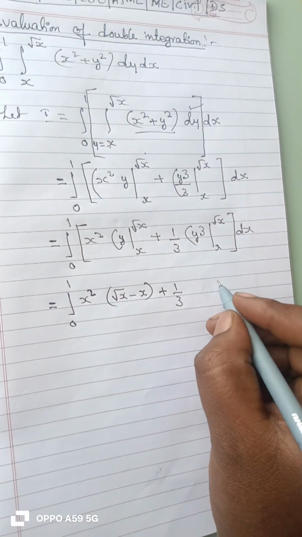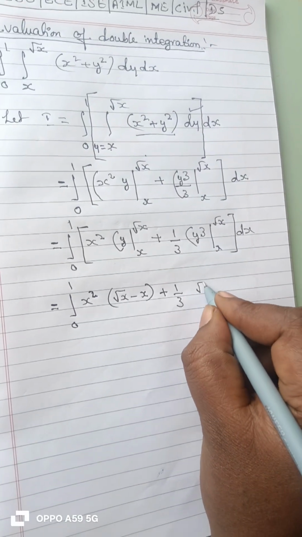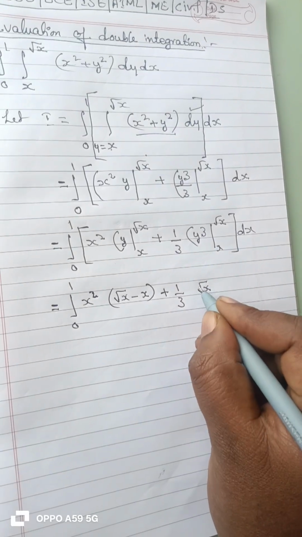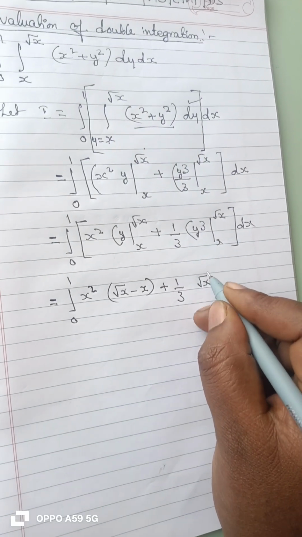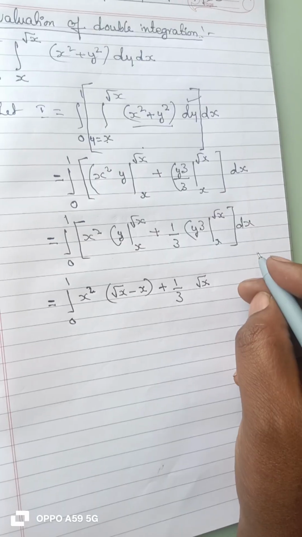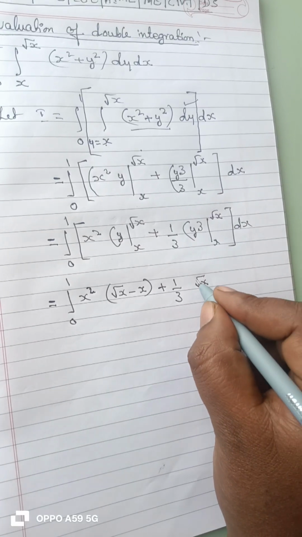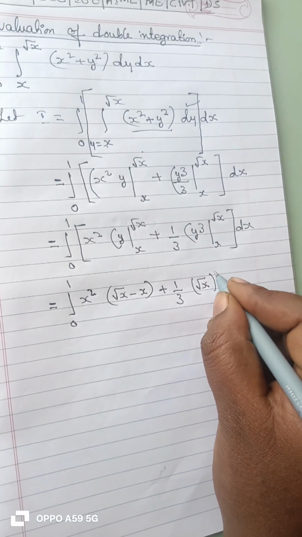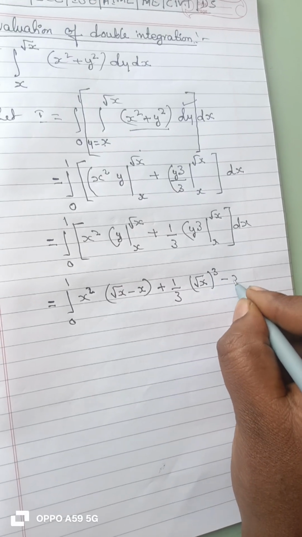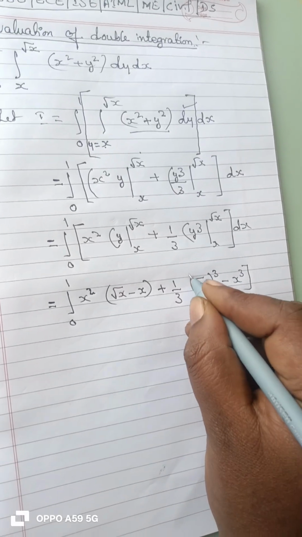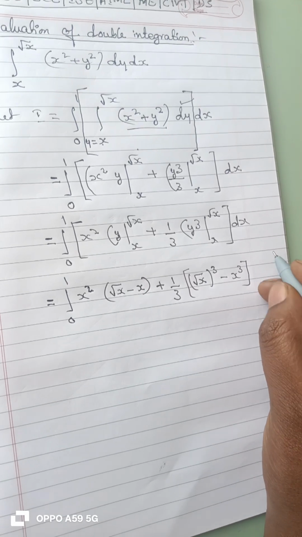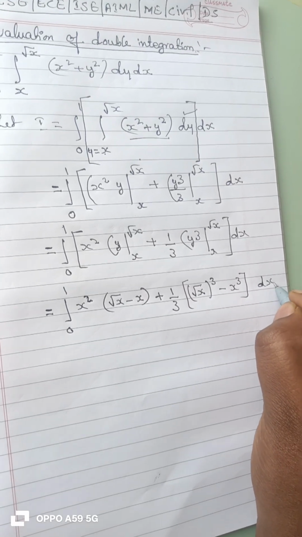Here also upper limit minus lower limit. In the place of y if we substitute, that is root x whole cube minus x cube. So this is everything, it will be under dx.